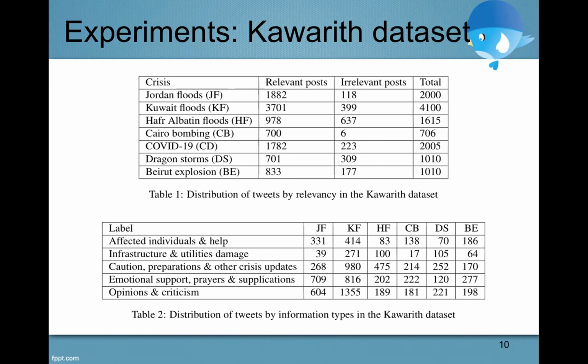Well, we explained that in our previous paper, Kawarith. When we collected the dataset, we used some keywords to collect the data, so we expected more relevant posts than irrelevant posts. But after collecting the dataset, we filtered out the duplicates and near duplicates, and only considered the distinct tweets. And here we have a different number, and we found that for some events only a few instances were irrelevant, and most of them were relevant.